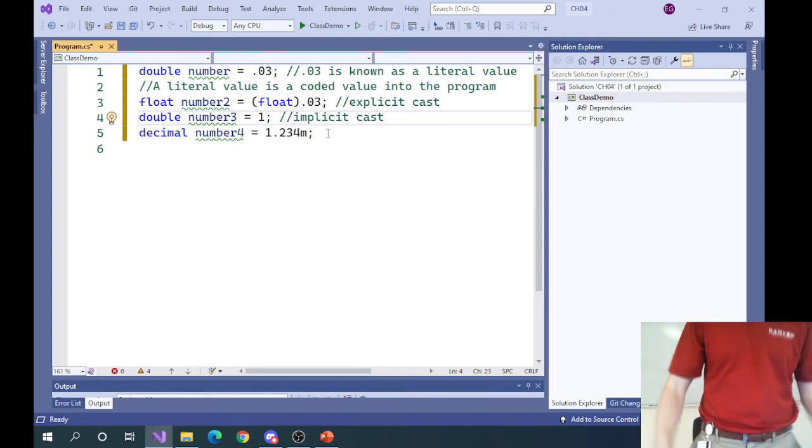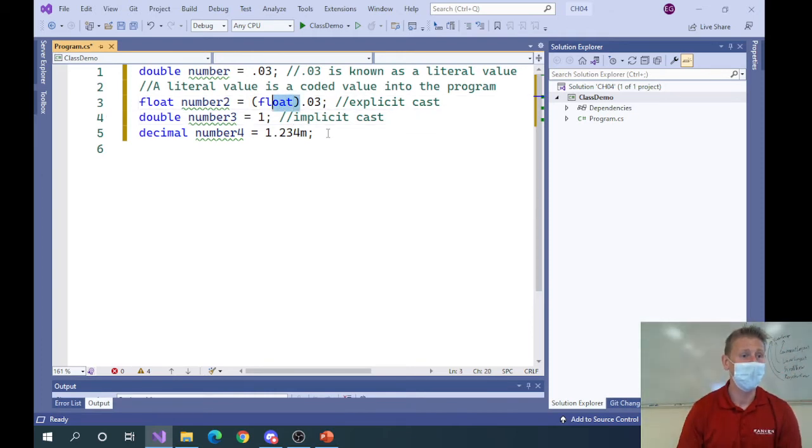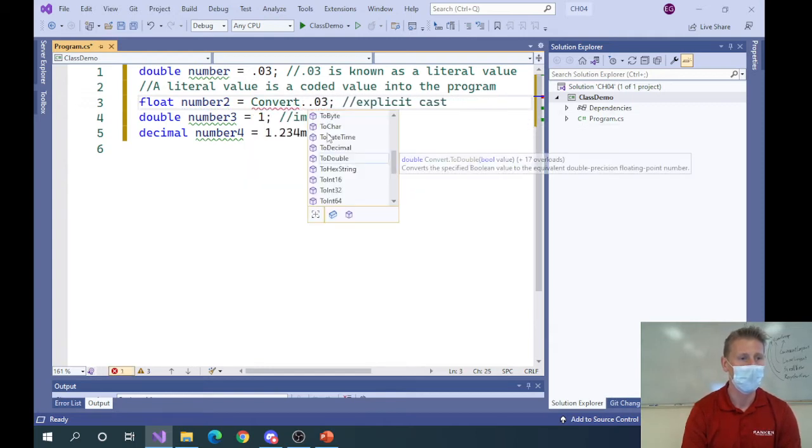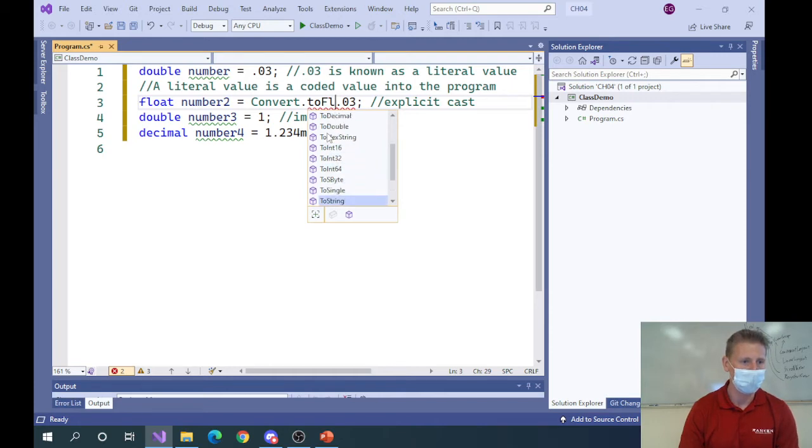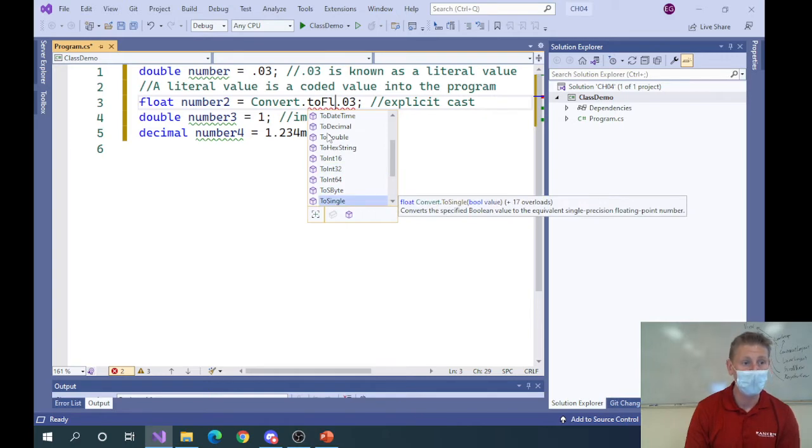Another way to do an explicit cast is, you guys have seen this one, convert to double. Someone pointed out to me, there is no convert to float. If you scroll through the options, to single is going to be your float.